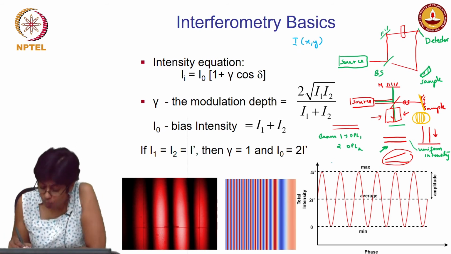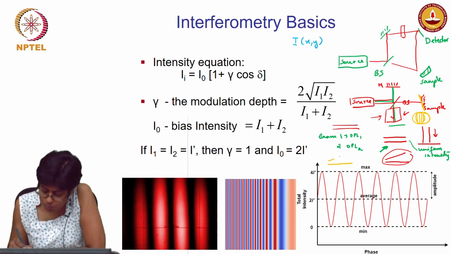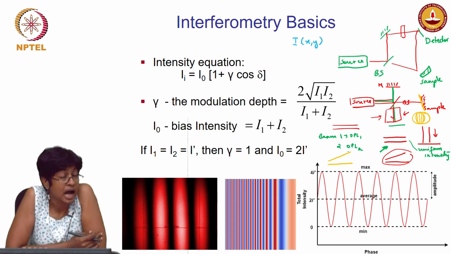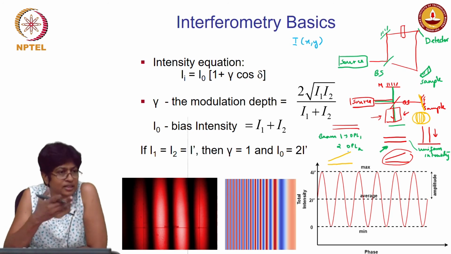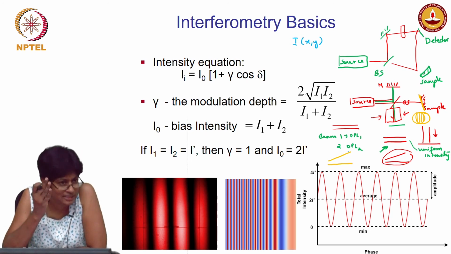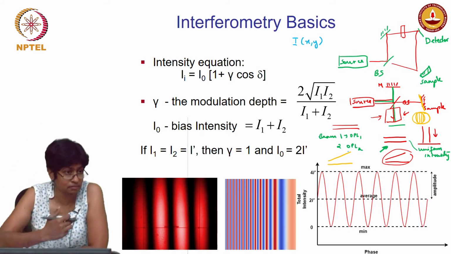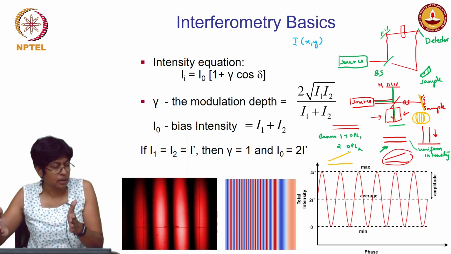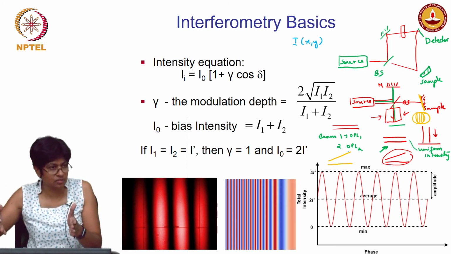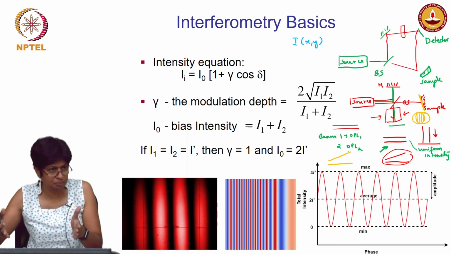If I have one wavefront like this and one wavefront like this, how is the path length difference varying? It's a linear variation. So I would expect that if constructive interference happened at some point or some line, at some distance away, the next constructive interference is going to happen. So that's the period.